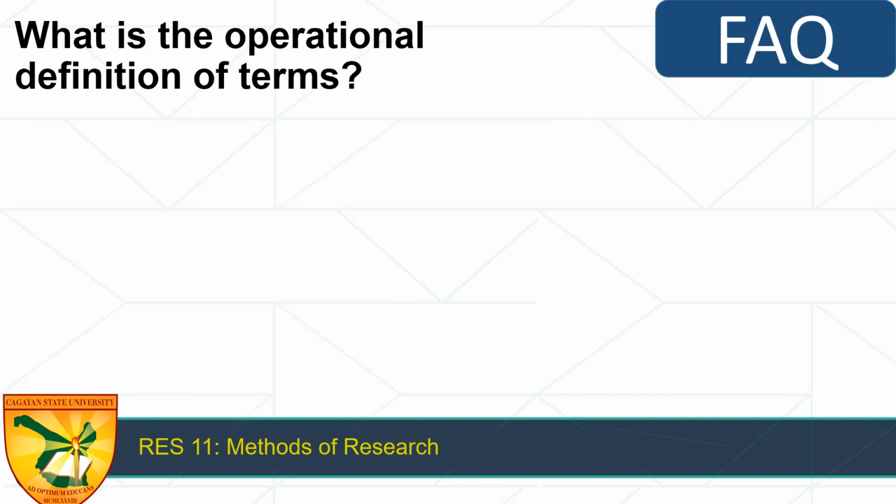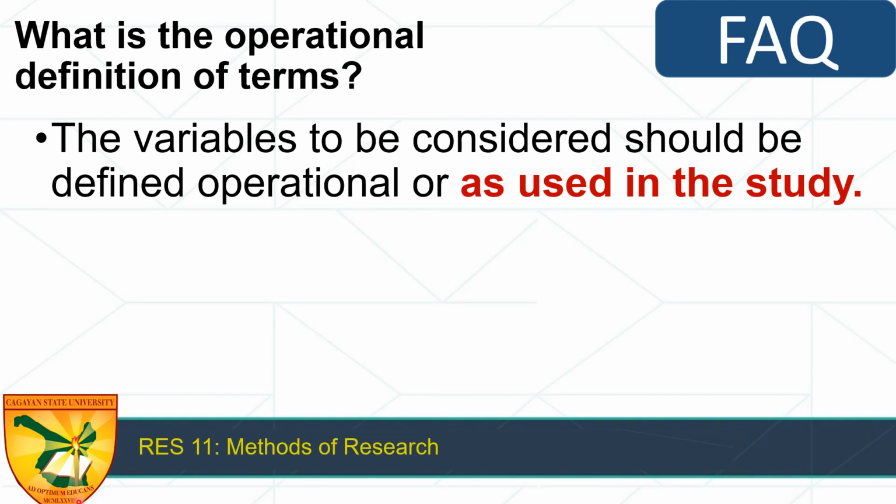So what is the operational definition of terms? How is it different from the standard definition of terms? So operational definition means the variables to be considered should be defined operationally or as used in the study.